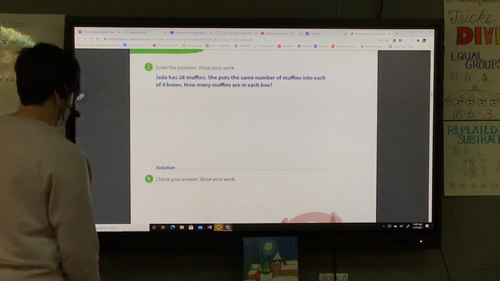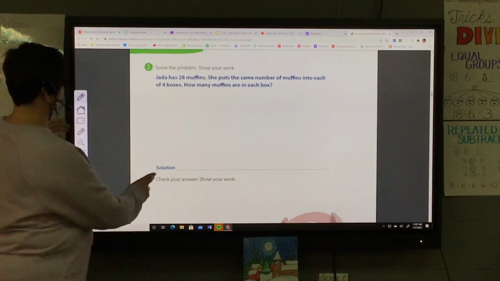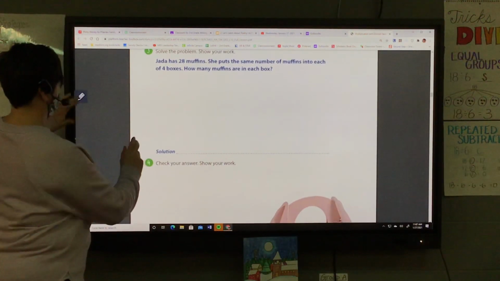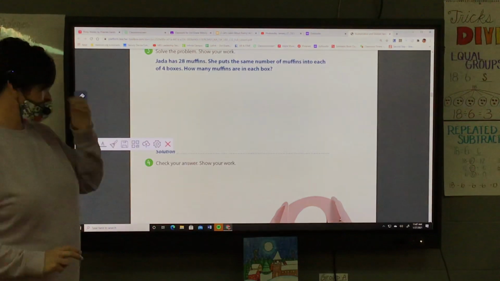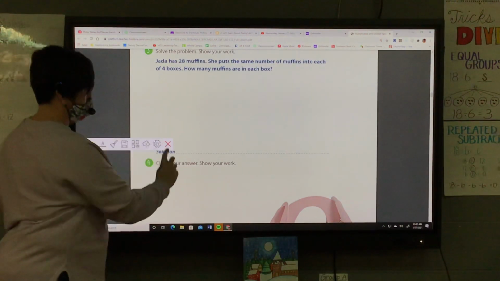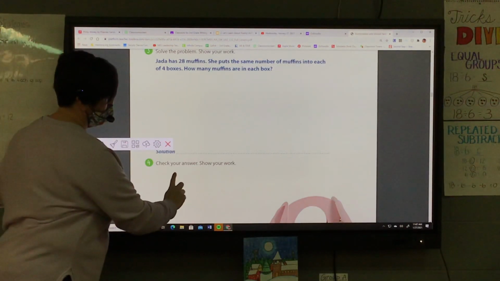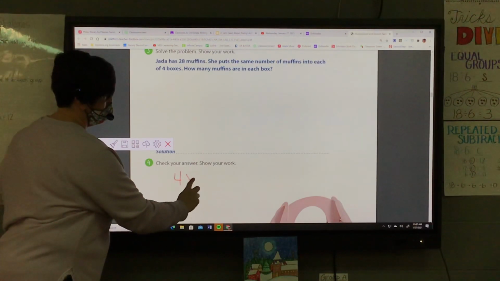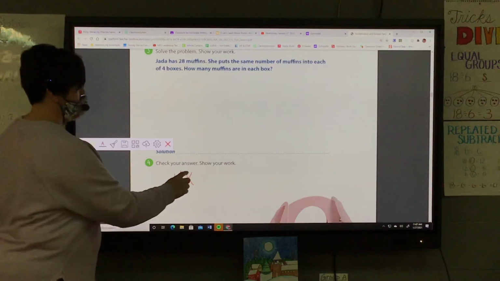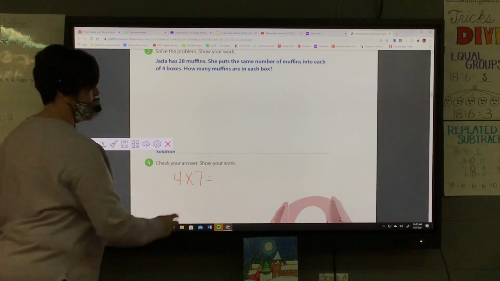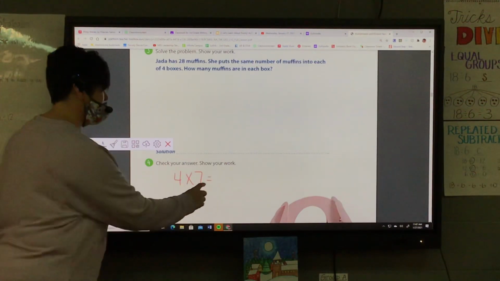Let's double check that by using multiplication. So we're saying 4 times, what did we say? 7. Does that equal 28?